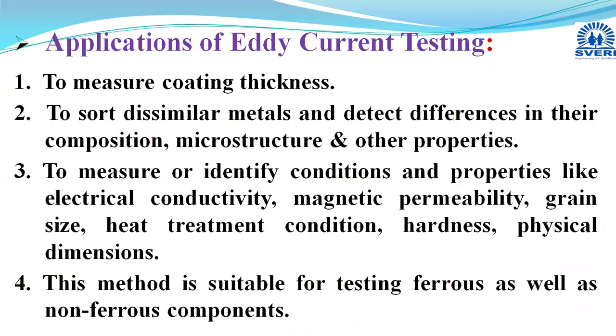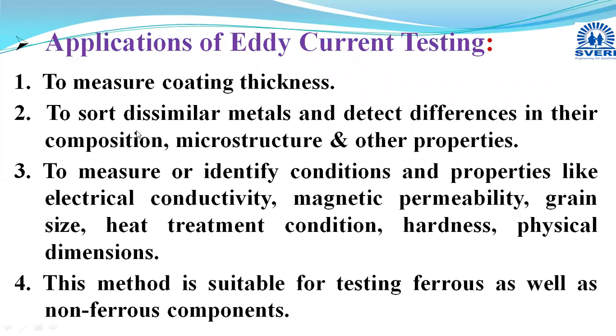Then what are the applications of this eddy current testing? Different applications are there. Eddy current testing is suitable for detecting or measuring the coating thickness, then to sort dissimilar metals and detect the differences in them, as the output will be different depending on the properties of that material.